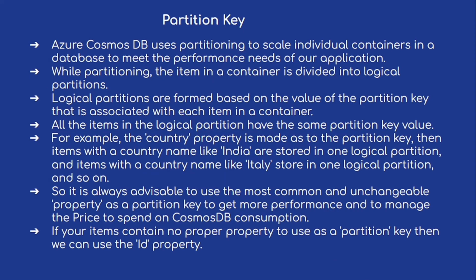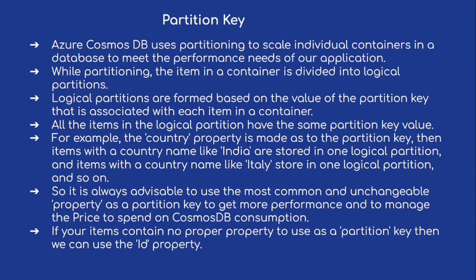One of the key things we have to know about in Azure Cosmos DB is partitioning. Azure Cosmos DB uses partitioning to scale individual containers in a database to meet the performance needs of our application. While partitioning, the items in a container are divided into logical partitions.